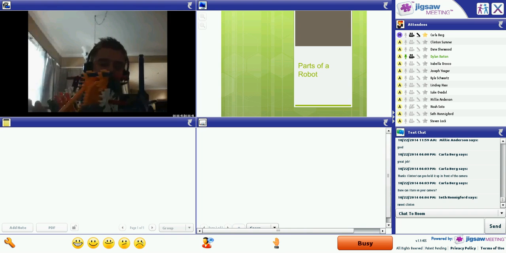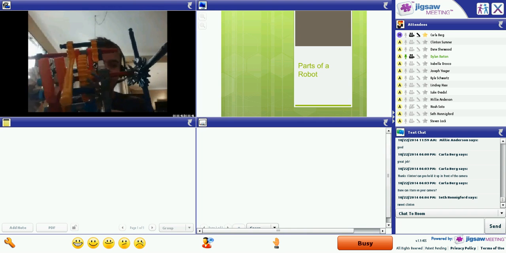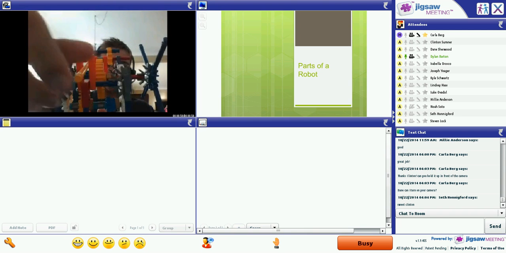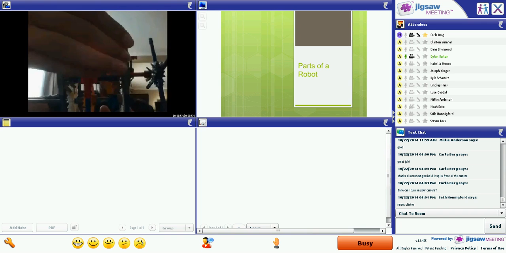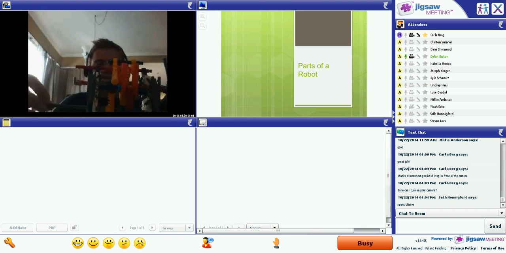And so it can go into first gear, second gear, and neutral. And to change the gear, you move this, and that is neutral. That is first gear. And then second gear, which is the fastest, there. And there is second gear.